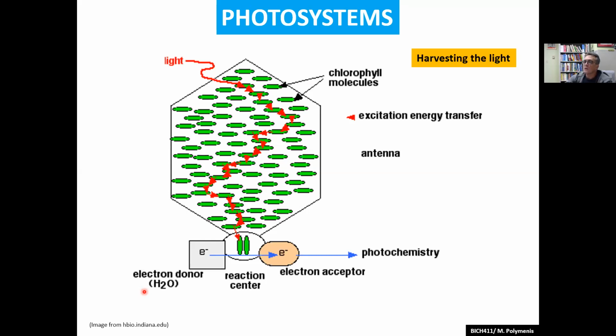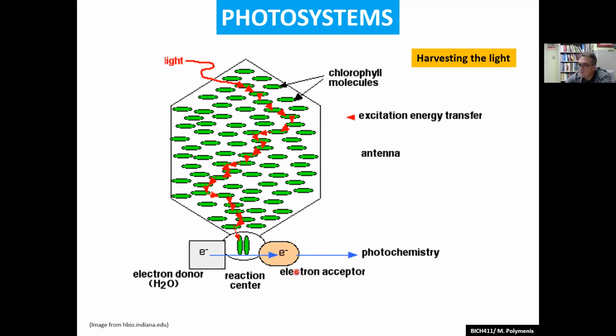So instead, what happens is they make this antenna, so to speak, which is actually how it's called, the antenna complex. And it's an apt term because it does resemble the satellite antenna, and light will hit one of these green things, which is supposed to be a single chlorophyll molecule.